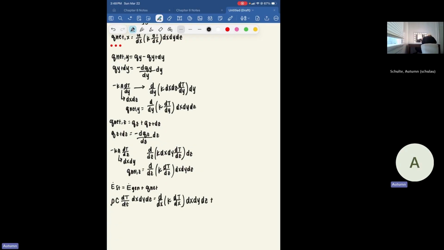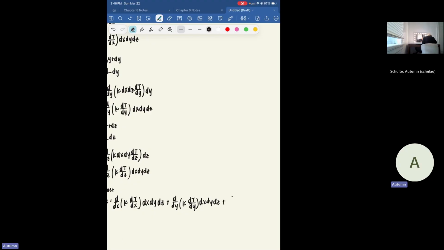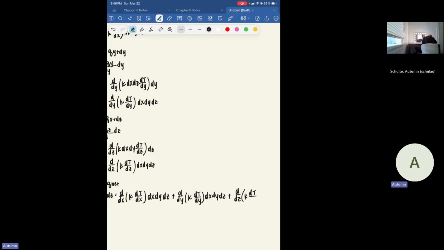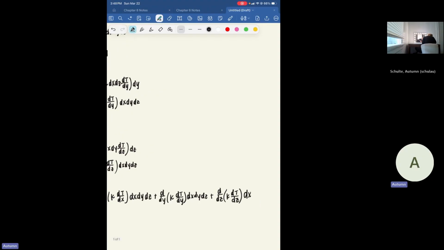For the y direction, it was the derivative with respect to y multiplied by the thermal conductivity multiplied by the change in temperature with respect to y multiplied by dx, dy, dz, plus the derivative with respect to z multiplied by the thermal conductivity and the derivative of temperature with respect to z multiplied by dx, dy, and dz.